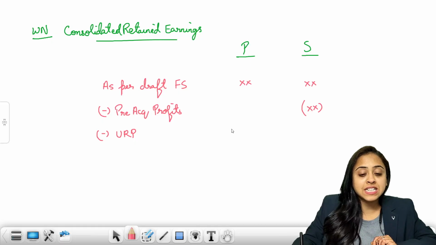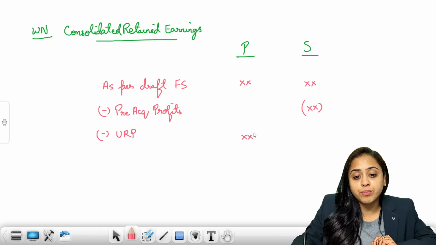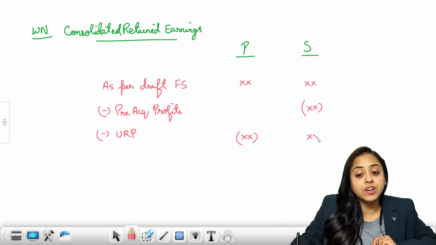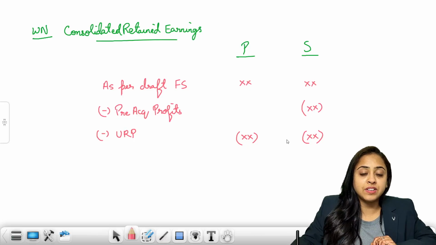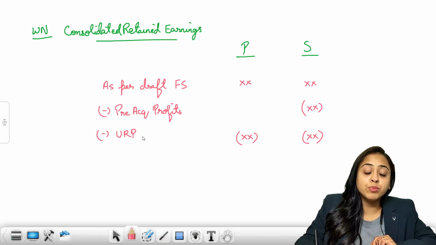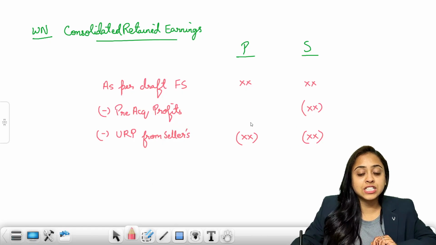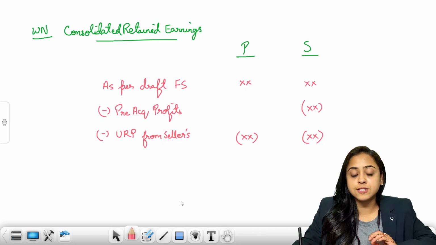If parent is the seller, you will remove unrealized profit from parent's column. If subsidiary is the seller, then you will be removing unrealized profit from subsidiary's retained earnings. Whoever is the seller in the transaction, you will be removing unrealized profit from the seller's column.